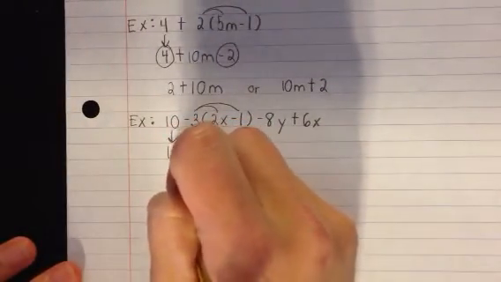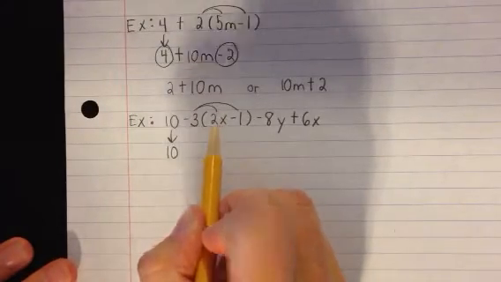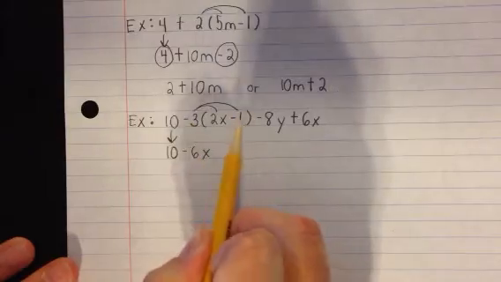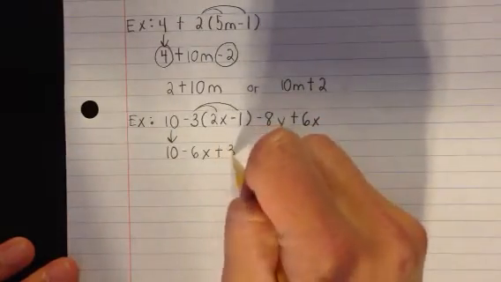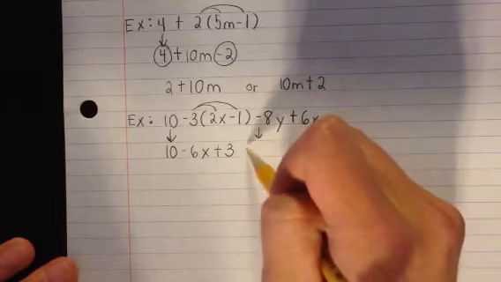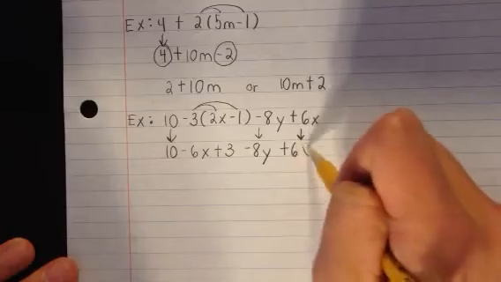Drag down the 10 because we can't add or subtract yet. Negative 3 times positive 2x is negative 6x. Negative 3 times negative 1 is positive 3. Let's drag down the minus 8y and the plus 6x.